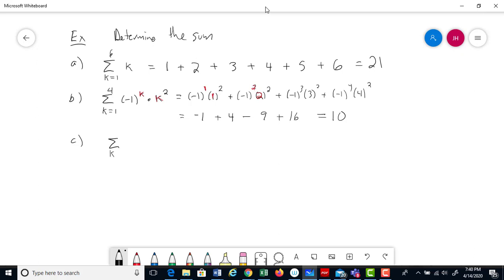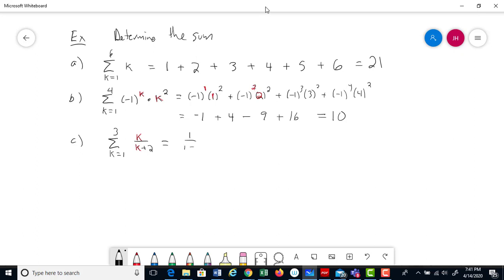Let's see. The summation from k equals 1 to 3 of k all over k plus 2. Again, remember that your k is essentially your input. It's just a function. So you're just going to add the function together, but you're going to evaluate it at first 1, then 2, then 3.